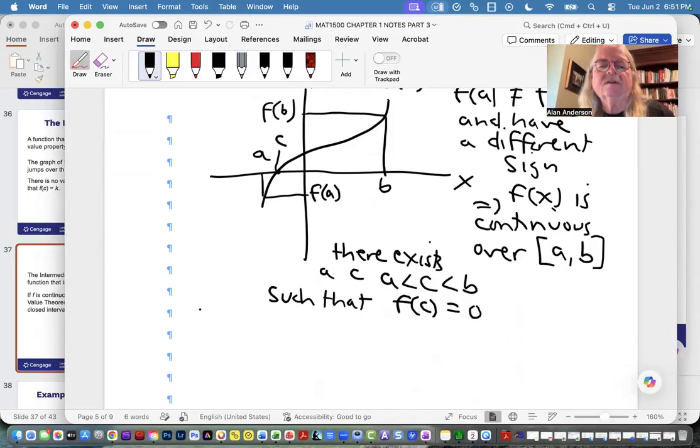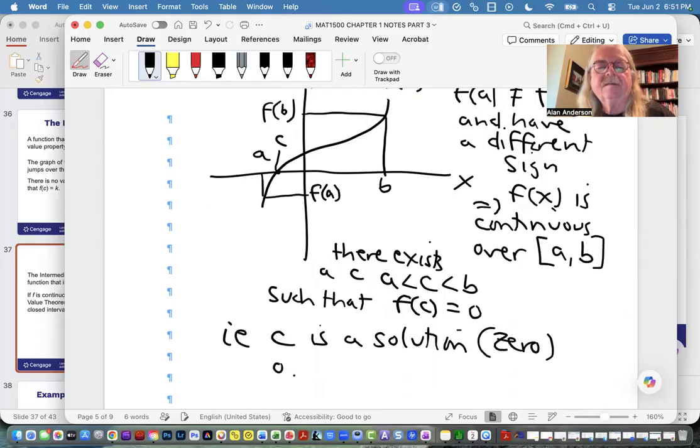In other words, c is a solution or a zero of f of x.